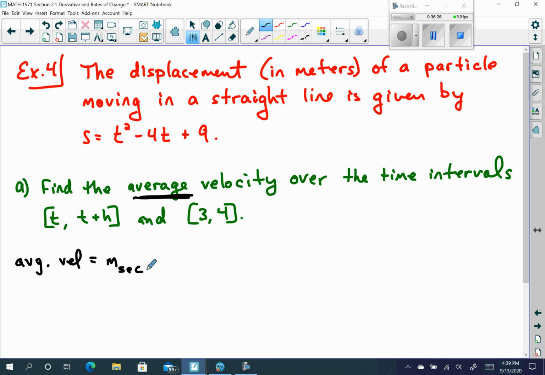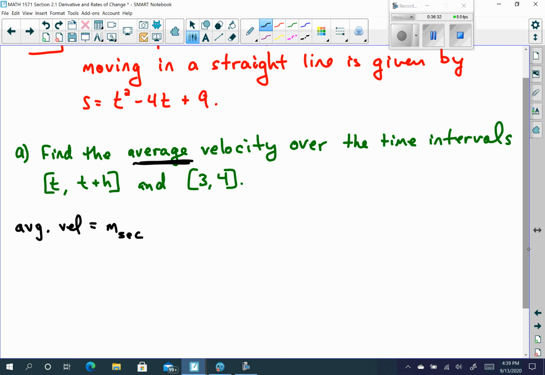So first we're going to work on the general derivative, or the average velocity for this. We don't need a limit here with average velocity. This is just going to be f of, instead of a, I'm using t and t plus h, so f of t plus h minus f of t all over h. So I'm using this function up here.